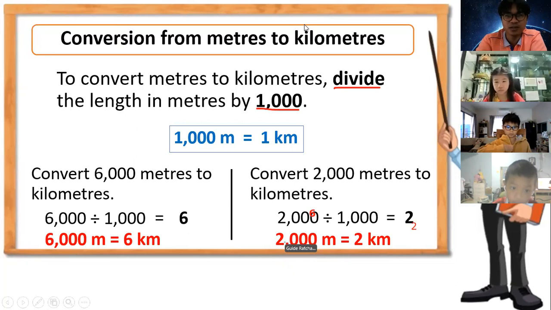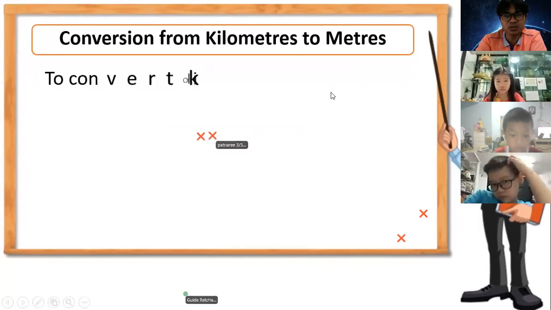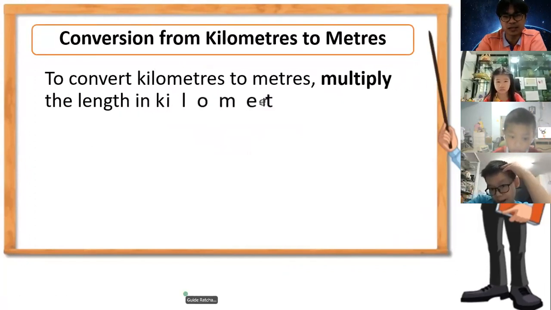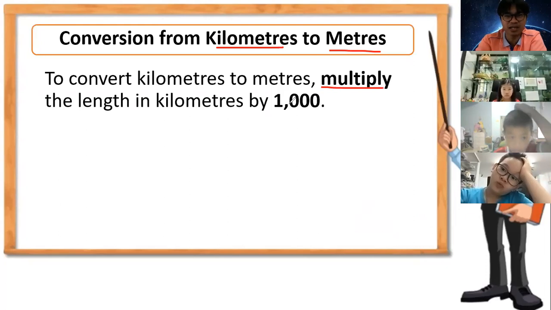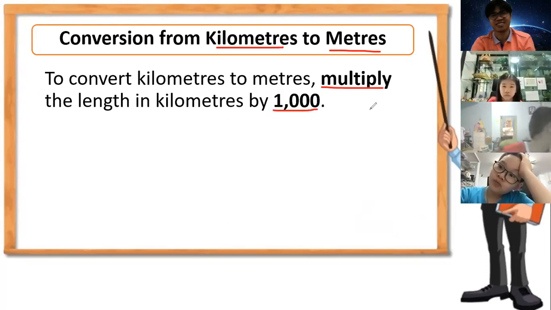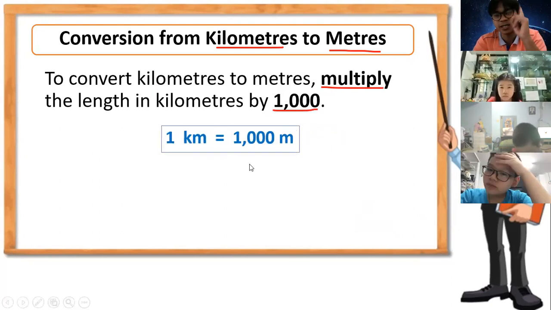All right. So that's how we convert from meters to kilometers. How about conversion from kilometers to meters? From kilometers to meters, multiply by 1,000, because 1 kilometer is equal to 1,000 meters.